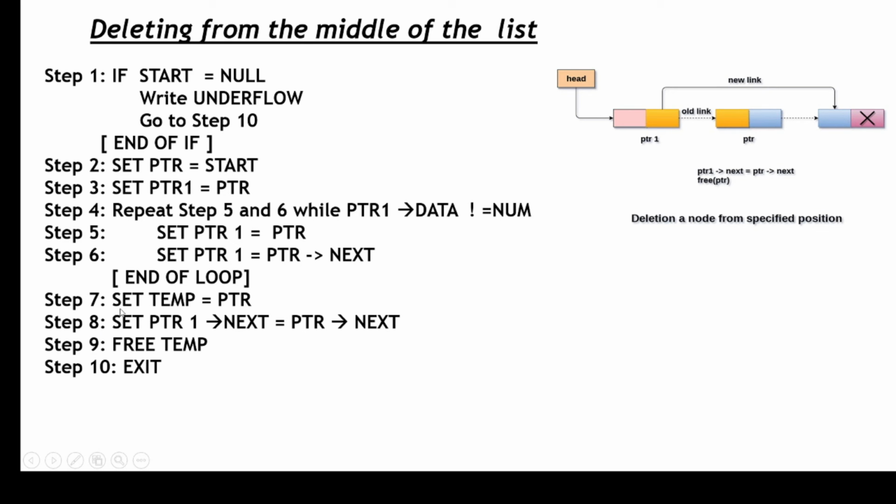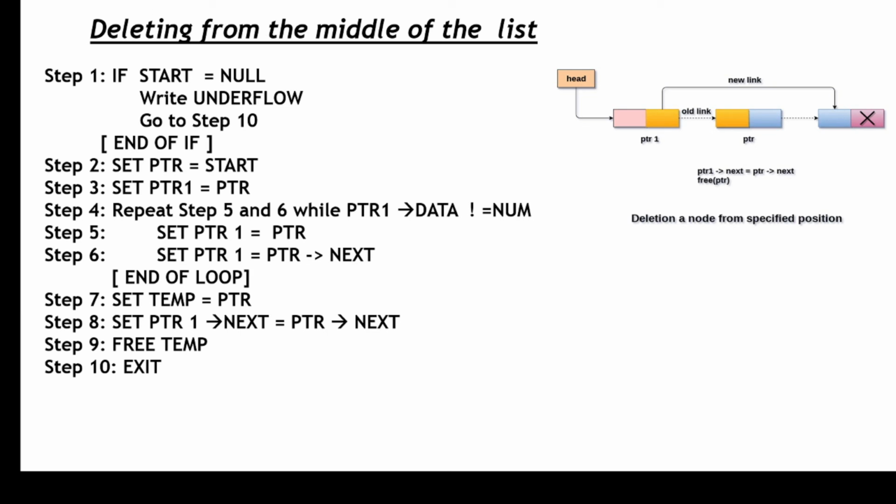In step 7 we can see that set temp equal to pointer. Here, temp is a temporary variable used for storing the pointer value. In step 8, set pointer 1 next equal to pointer next.